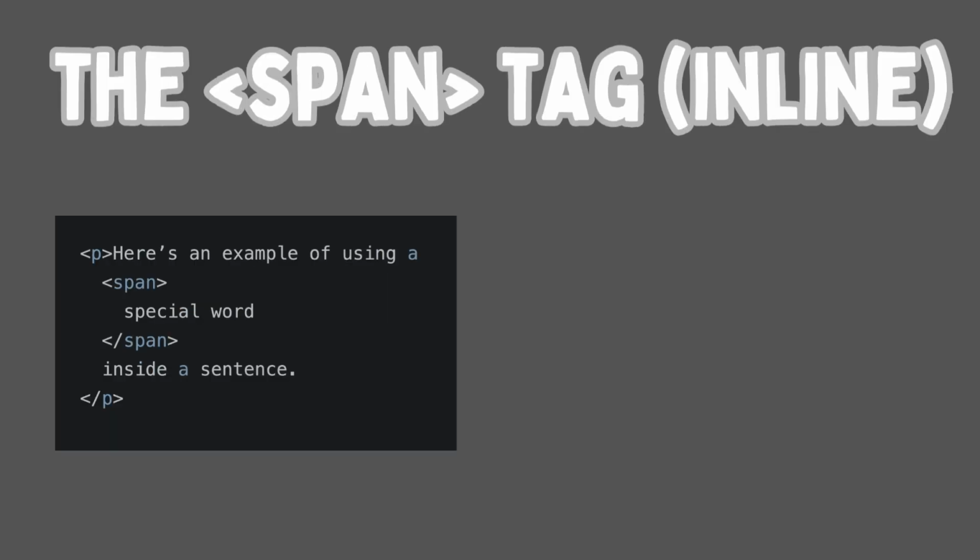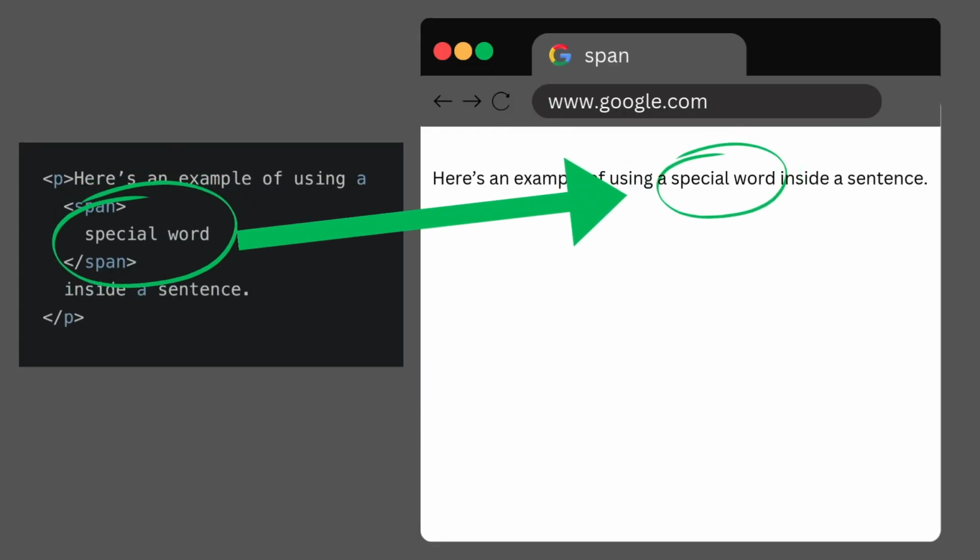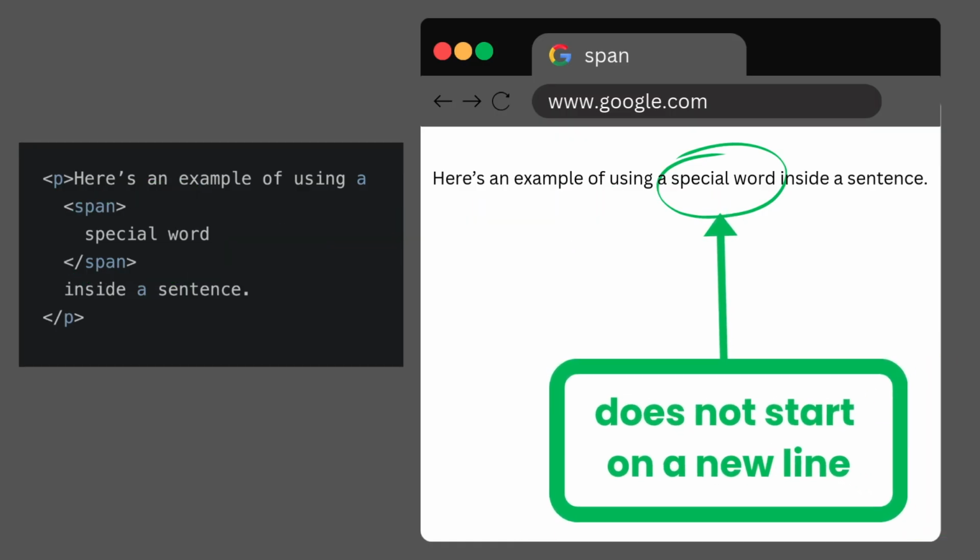Now let's talk about the span tag, which is an inline element. Unlike div, span is used to wrap a small part of content, like a word or phrase, within a large block of text. In this example, the span tag wraps around the words special word. The span doesn't start on a new line.